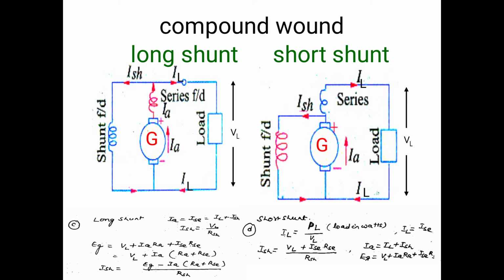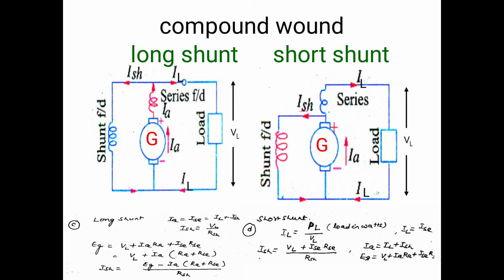The armature current equals IA, the series field winding current equals ISC, the load current equals IL, and the shunt field winding current equals ISH. The armature resistance equals RA, the series field winding resistance equals RSC, and the shunt field winding resistance equals RSH. The voltage across the load equals VL.